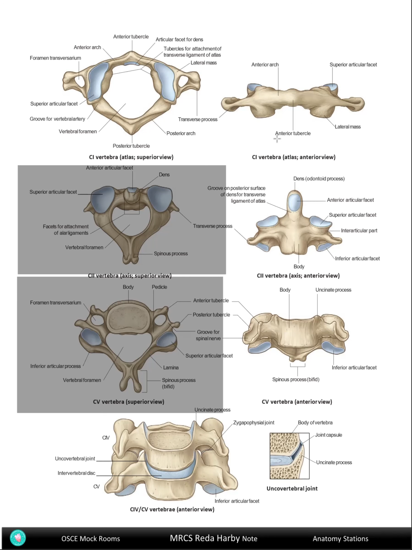So the origin of the vertebral artery is from the subclavian artery, and then there are 4 segments. Segment 1, pre-foraminal, from the origin to the transverse foramen of C6. Then the foraminal segment, from the transverse foramen of C6 to the transverse foramen of C2. So C2 has a foramen.